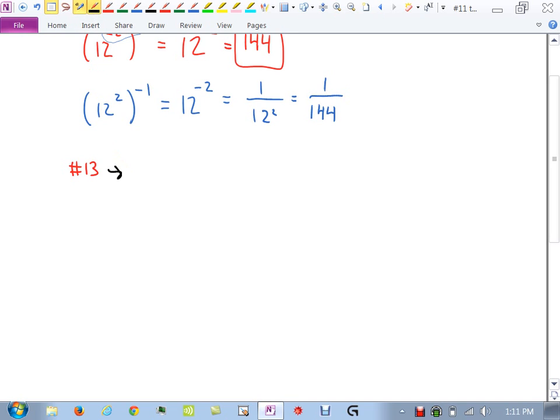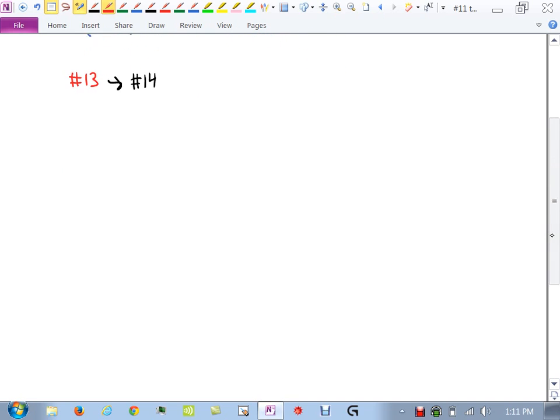All right, so here we go. You're going to look at number 14, and I'm going to do number 13. So if I've got something like this, 6x to the 5th, squared. This is that rule where we said if you have a product to a power. The product here is the multiplication between the 6 and the x to the 5th. So inside that parentheses, you've got a product.